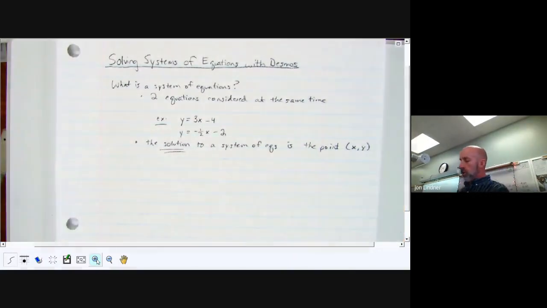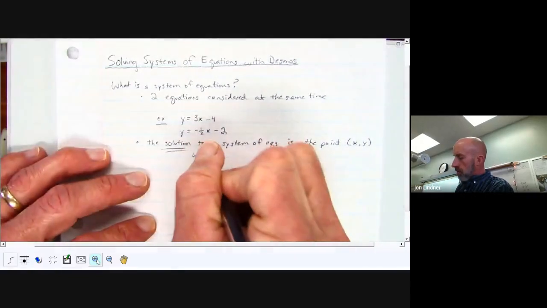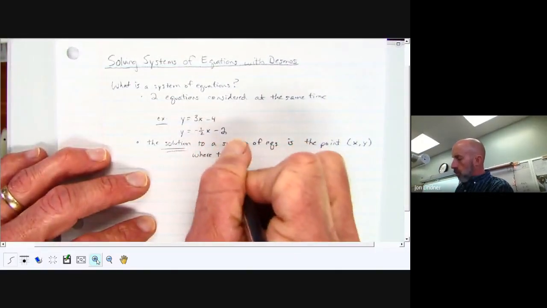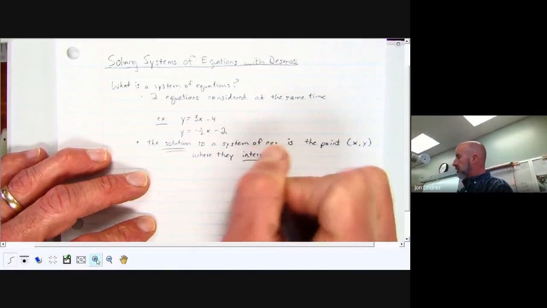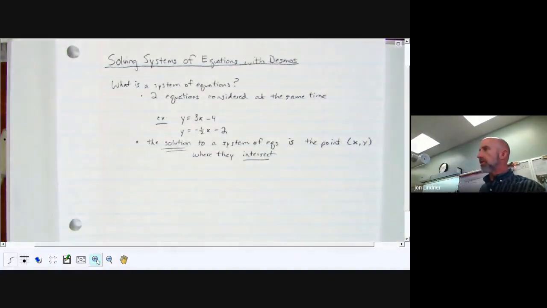Okay? It is the point where they intersect. That's all it is. Okay? So when we do this with Desmos, Desmos tells us the solution instantly. And it is super fast and super easy.